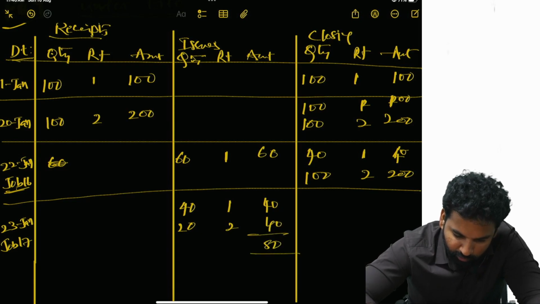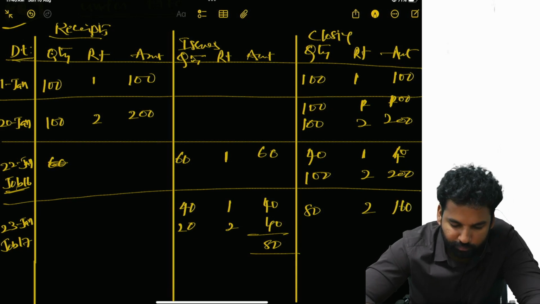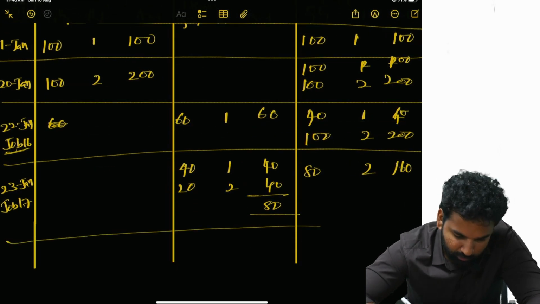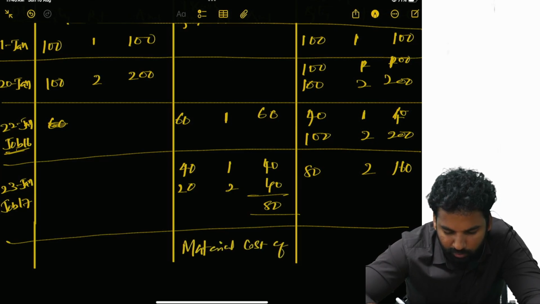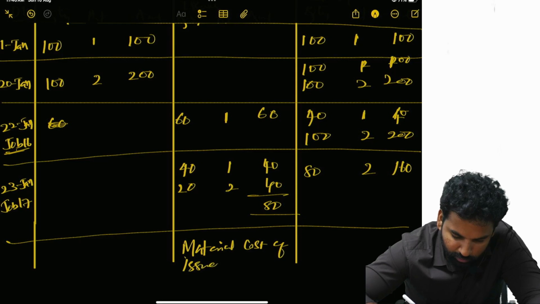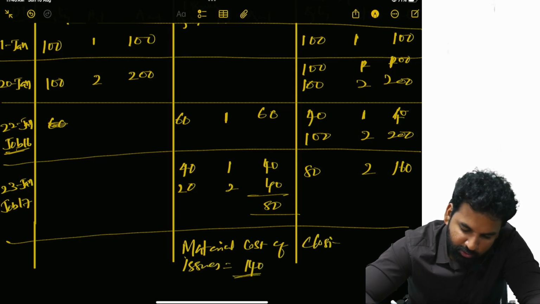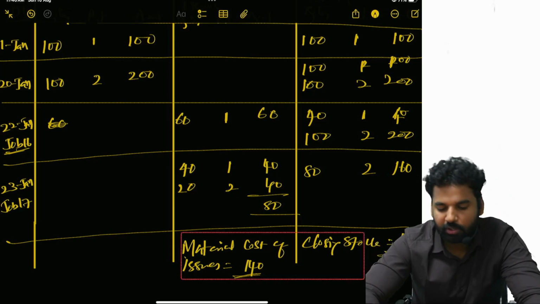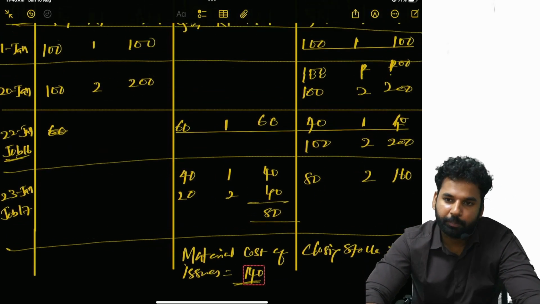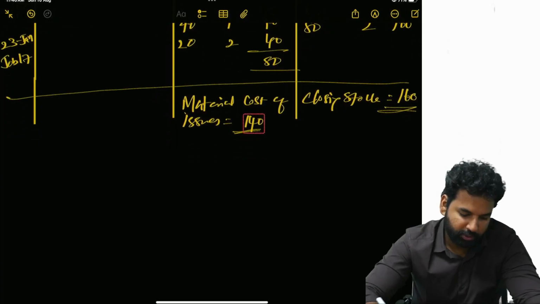So closing stock will be 80 plus 160. Okay. So that means what is the material cost? Cost of issues is equal to 140. Closing stock is equal to 160 under FIFO. Is this okay? Right. So next case.